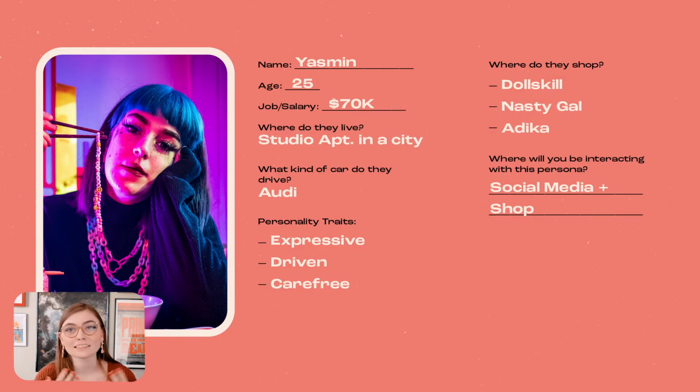Her other ideal client or audience member is Yasmin, who is 25, makes a little bit more money, has graduated from college, and is probably a young professional living in the city and just starting their career. This might be one of their first adult places. So I'm assuming we're probably going to want to focus more on this second persona, the young professional, young hip art buyer kind of personality.